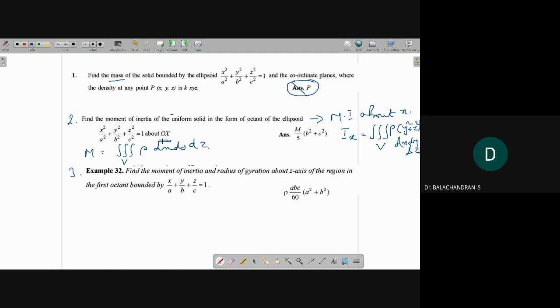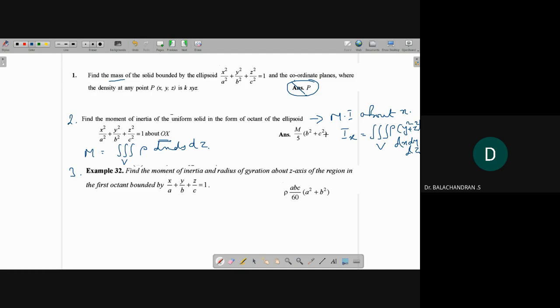There is no need to substitute kxyz. Keep rho in dx, dy, dz, then integrate and find m in terms of rho, finally rho in terms of m, and then substitute here and get this answer. Please try, and if you got the answer, you can post in the group.